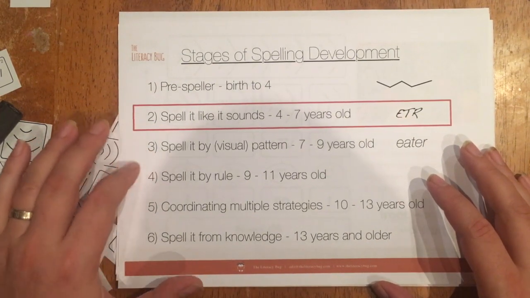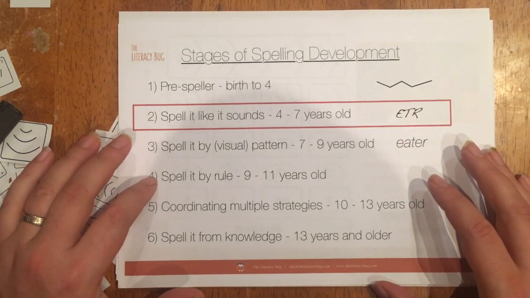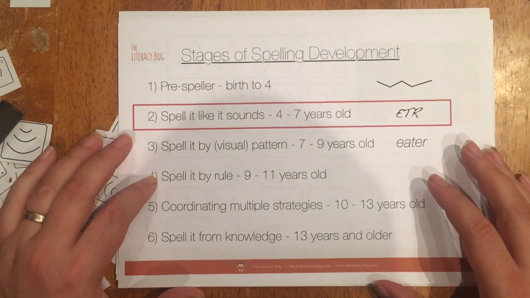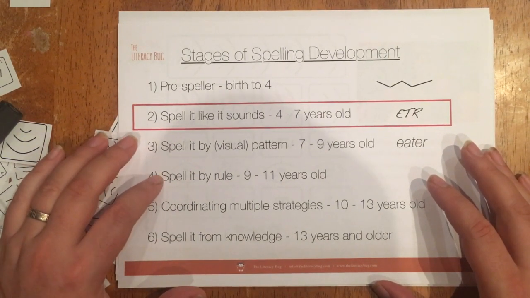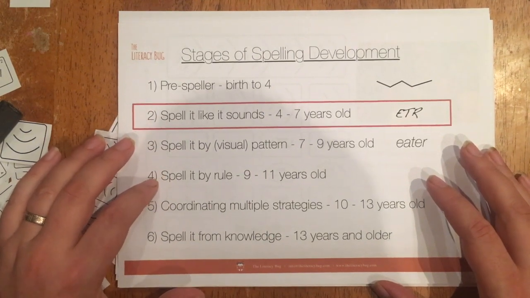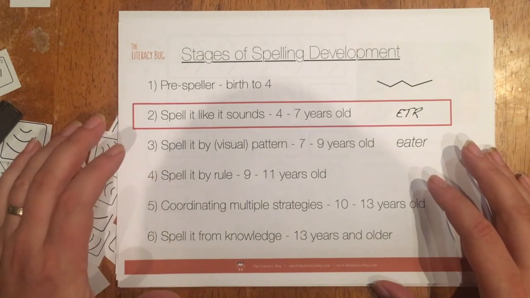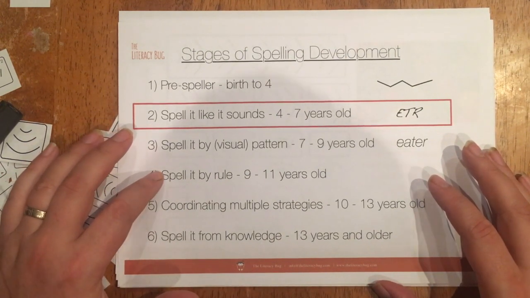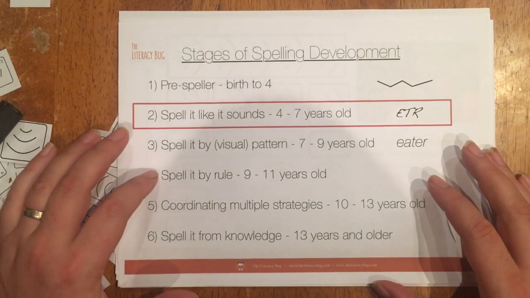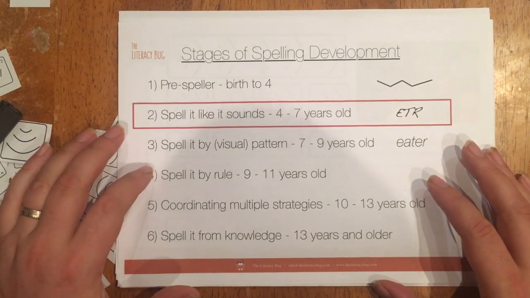So then they learn sets of rules, like the rules I mentioned with rabbits, is that I use the double B if the vowel in front of that consonant is the short vowel. So in rabbits, it's R-A-B-B-I-T-S, whereas in baby, it's B-A single B-Y, because the A in that word is its long form, or it says its name, baby.